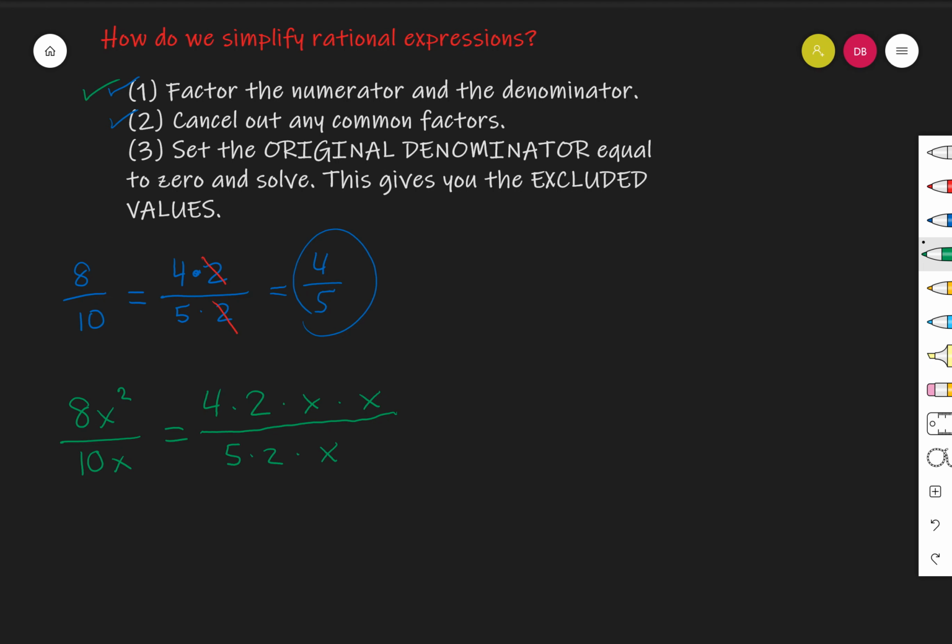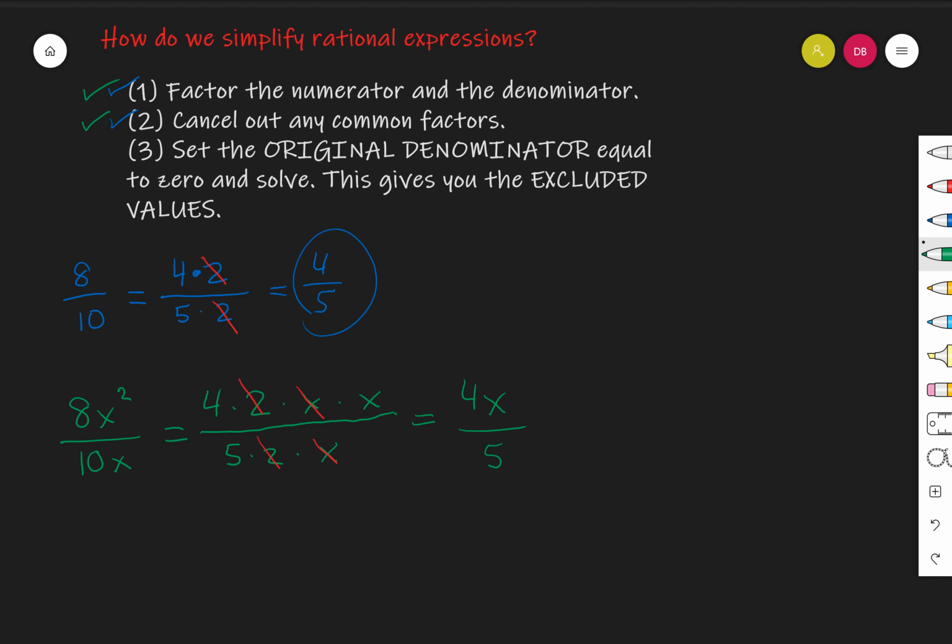Our second step is to cancel out any common factors. So we've still got these 2's, those will cancel, and now we have a set of x's that will also cancel. And we're left with 4x on the top and just a 5 in the denominator. So that was step 2. We canceled out any common factors.